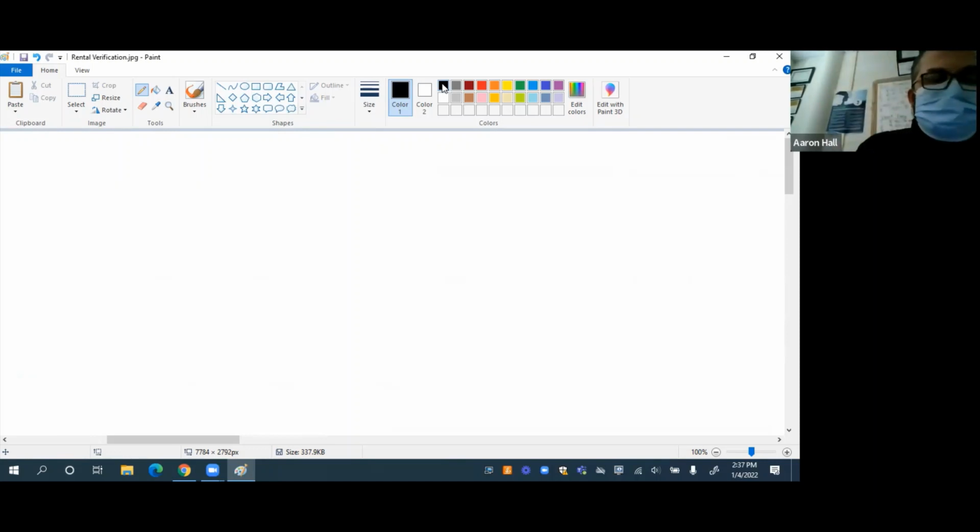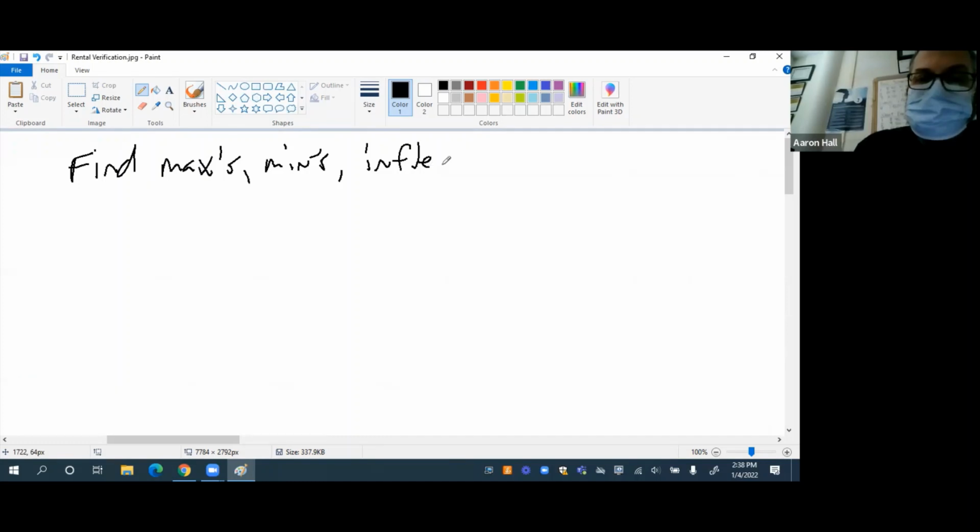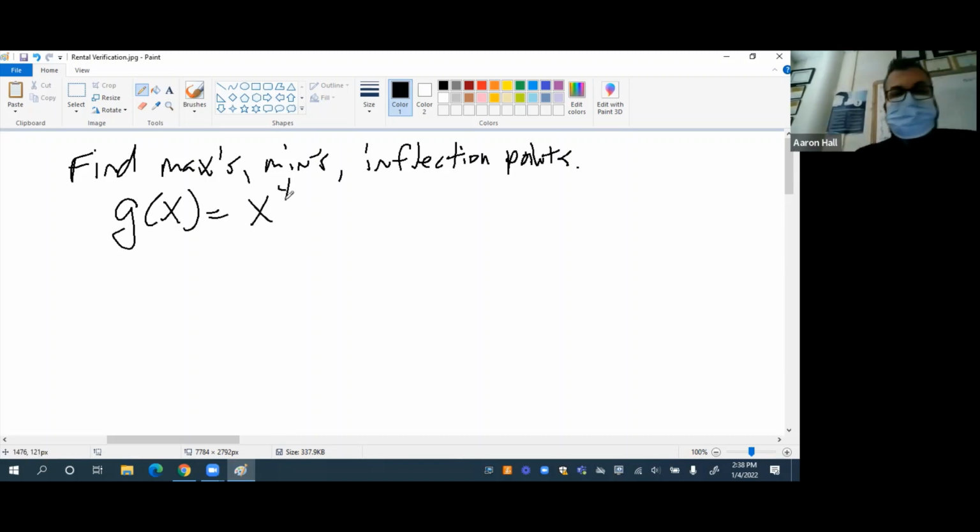I want to find maxes, mins, inflection points for g of x equals x to the power of 4. Cool.